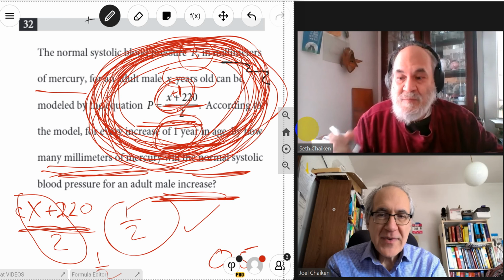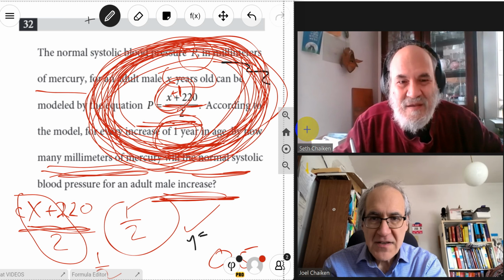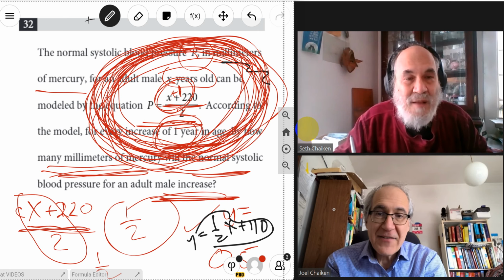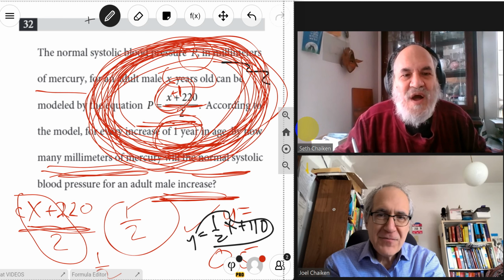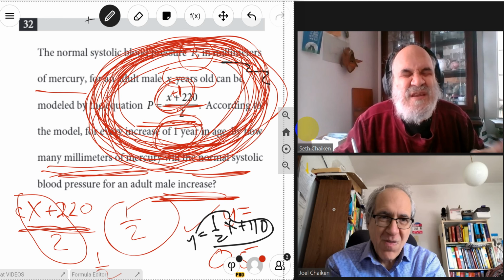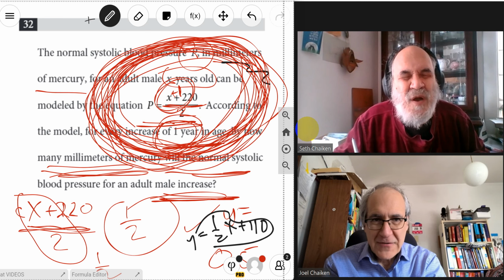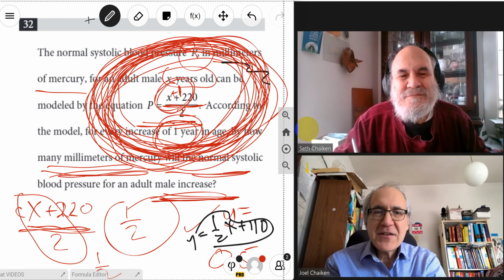Y is equal to 1/2 x plus 110, after you distribute the half, and most people would just say a half because of the slope. Most people wouldn't need to do the analysis you did. Frankly, I didn't do the analysis in my mind when I solved the problem.